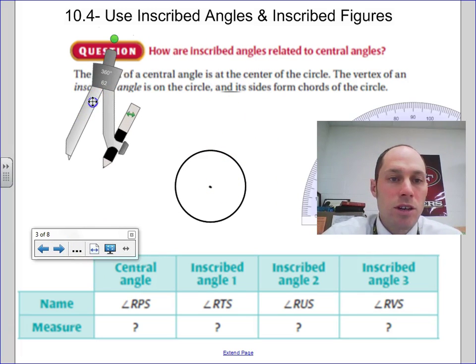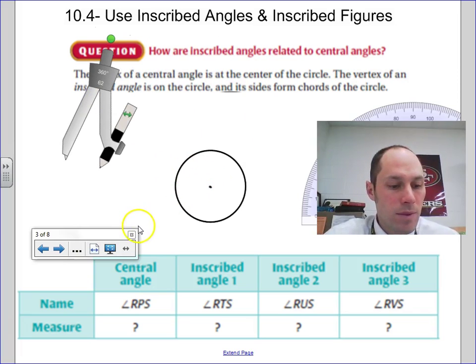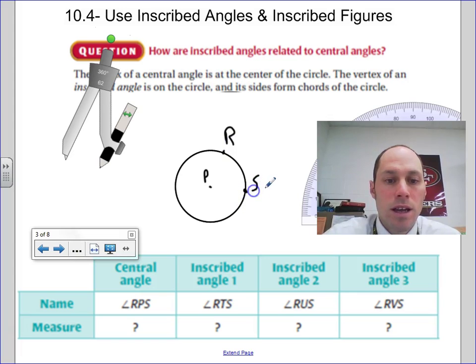So make your circle, mark the center, and we're going to mark the center point P. Put 2 points on the edge of the circle, R and S, and then we'll put 3 other points, T, U, and V, somewhere else on the circle. It doesn't matter where they are.